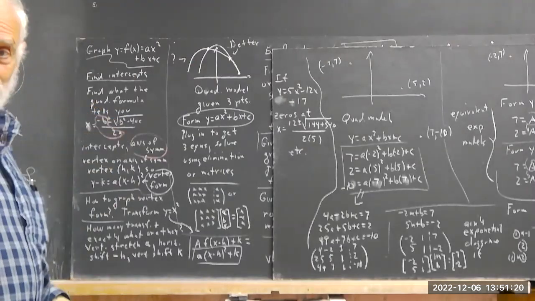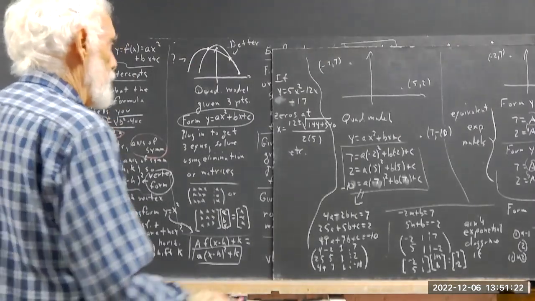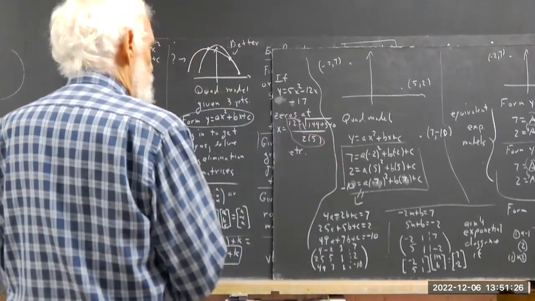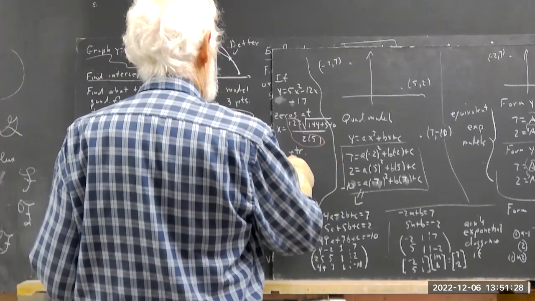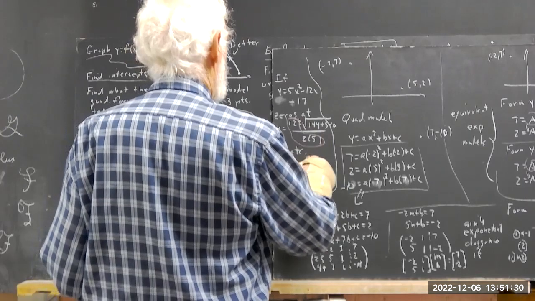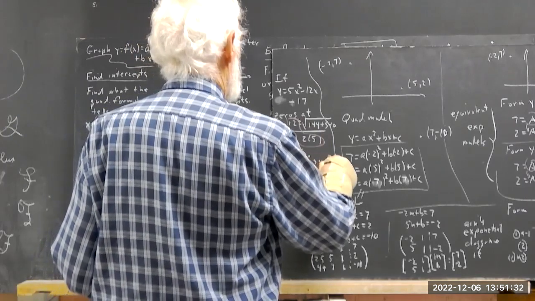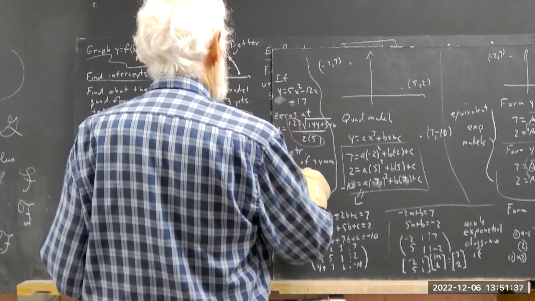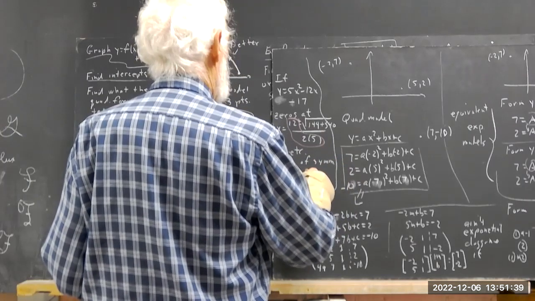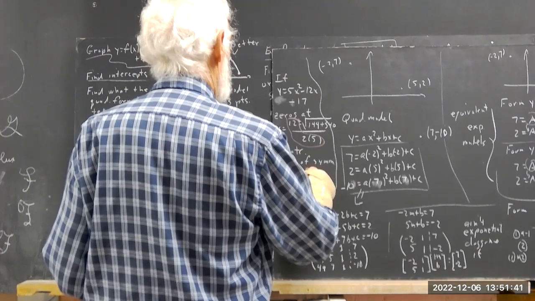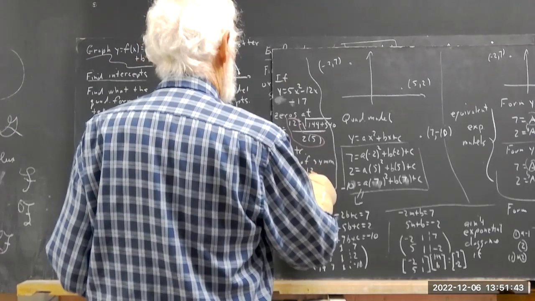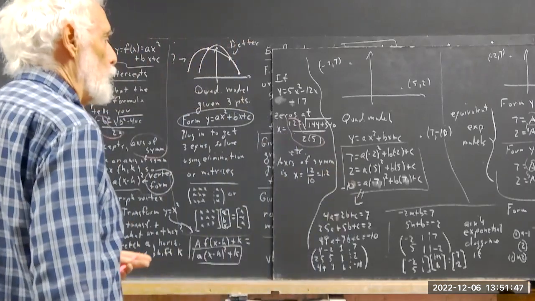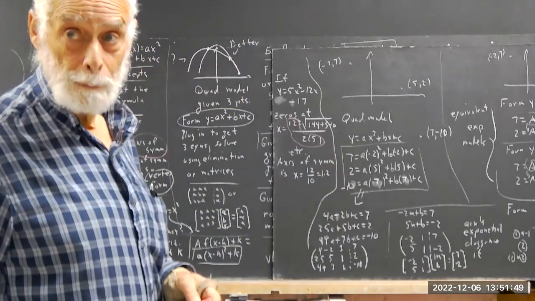Putting a little red circle around the negative b over 2a, this thing tells me that the axis of symmetry is at x equals 1.2.